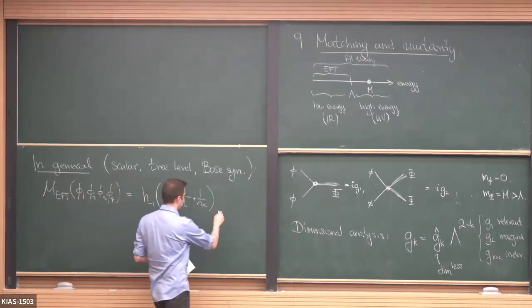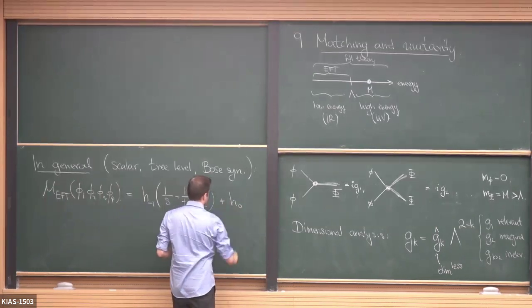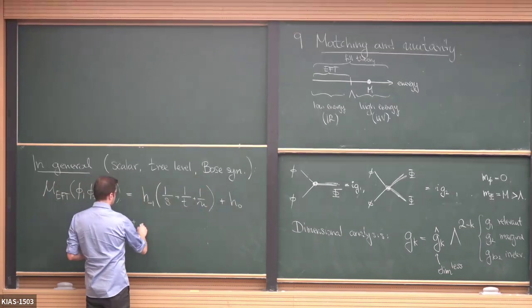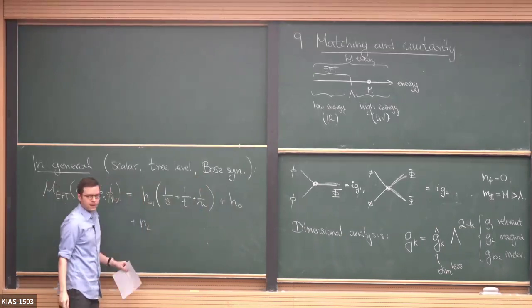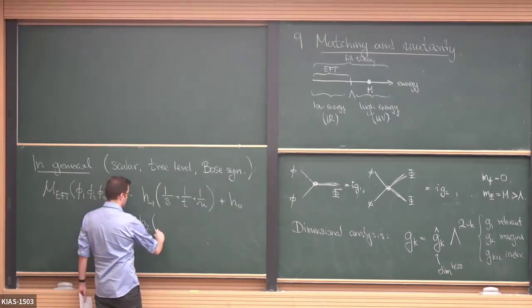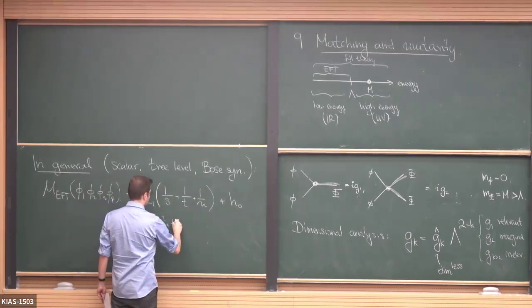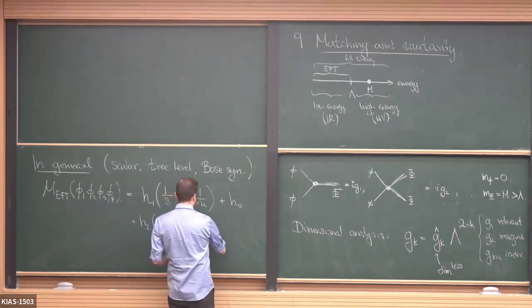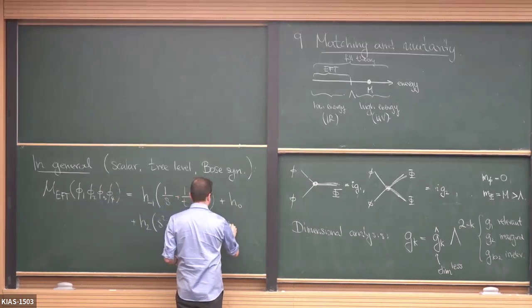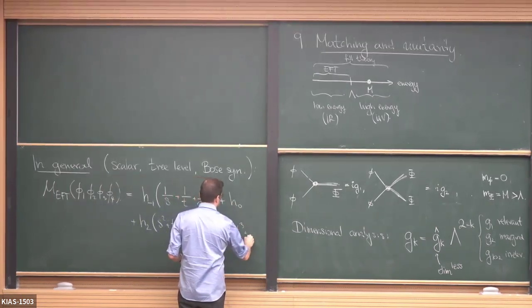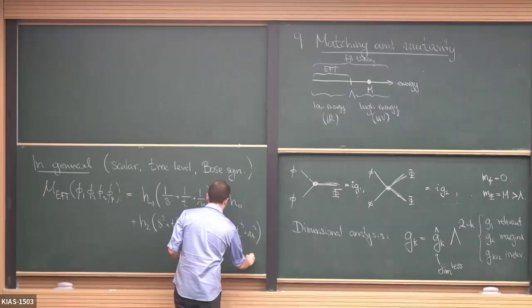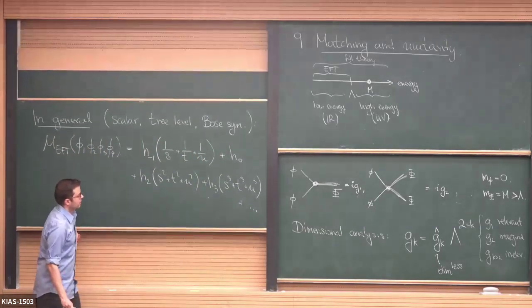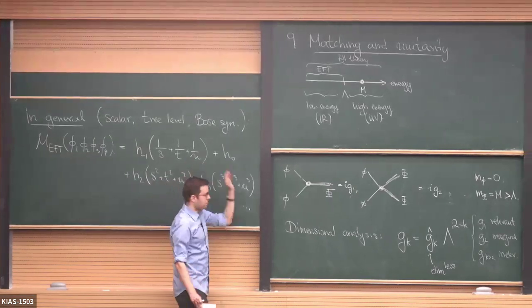If the theory was cubic, then I can have h of -1. Then h0, which would be the quartic coupling. And once again, I'm going to skip the h1 because it vanishes by momentum conservation. I can have h2, h3, and so on and so on. Okay, so in our original EFT, the specific instance, this is a general parameterization.